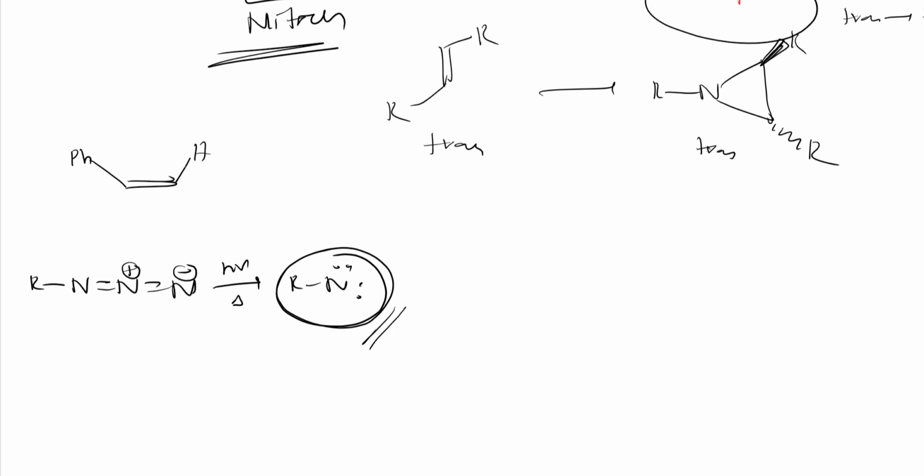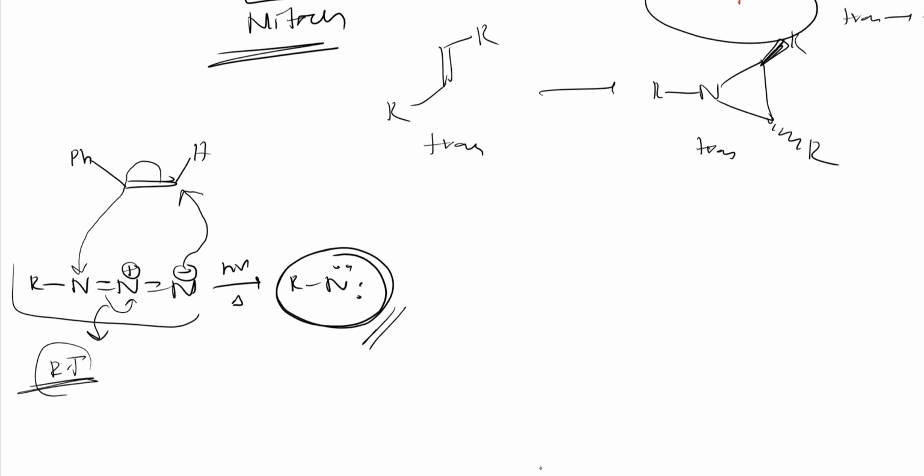Under adverse conditions, the nitrogen gas will be eliminated and we will get this nitrene. Sometimes what happens, simply a click reaction happens. If this is stable at room temperature, let us say, and it is there in the solvent mixture, then a click chemistry reaction happens here. Nitrogen is electronegative, it will attack. So this electron density moves onto this carbon, then it attacks this nitrogen, and this bond comes to this nitrogen and this nitrogen becomes neutral.